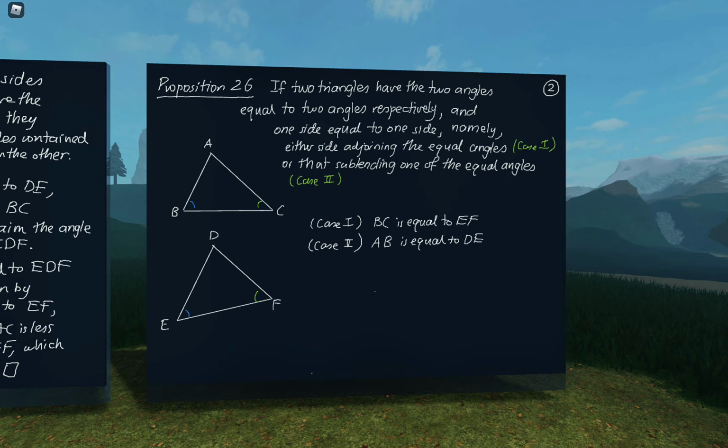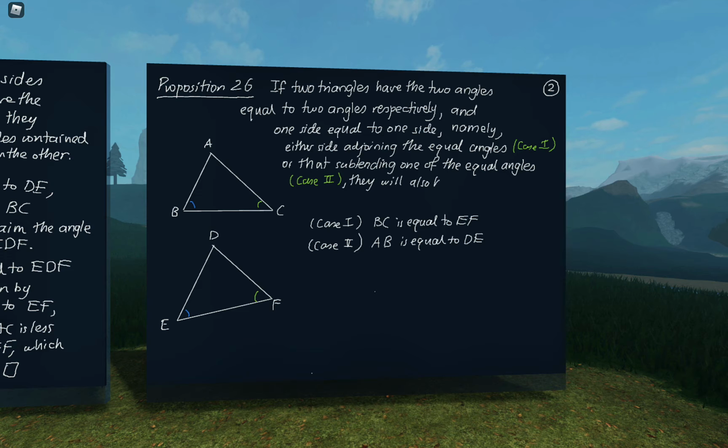The point being that you should take the side that matches with the, I mean, two angles equal to two angles means the situation that I've drawn here, and you should have the sides matching that correspond to the equal angles. That's part of the statement that's a bit hard to say properly without introducing the symbols. And the conclusion is that the remaining parts of the triangle are the same.